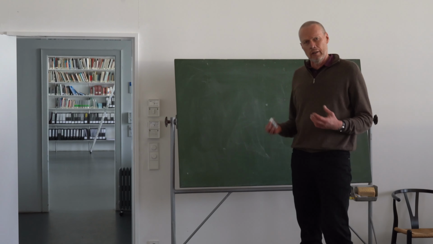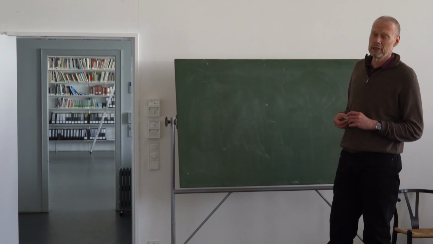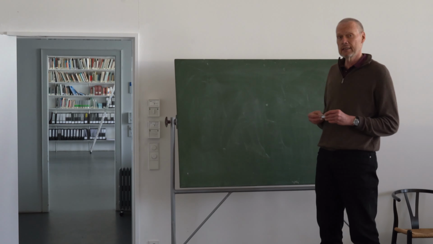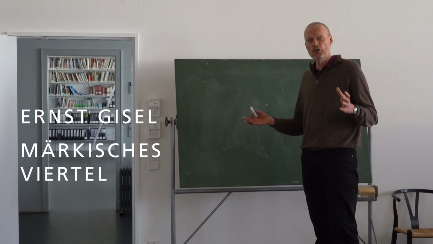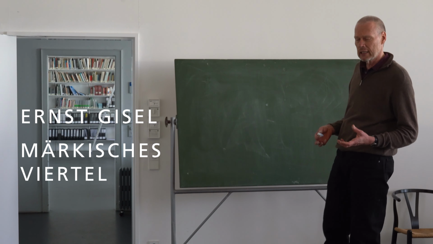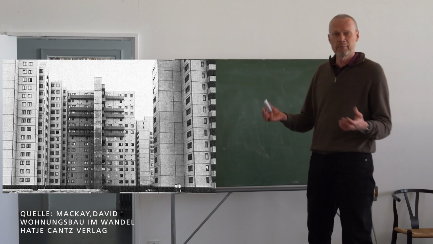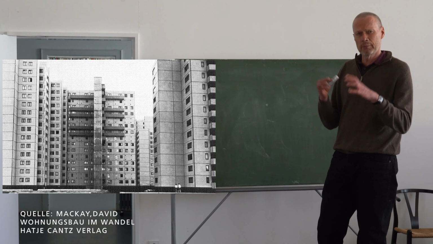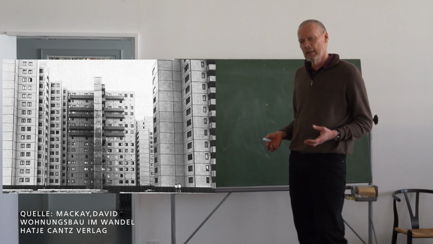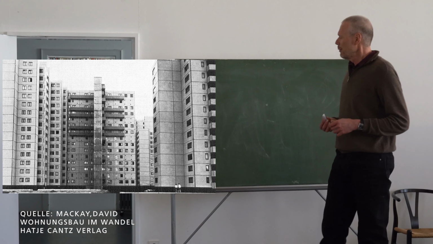So one of the big size slab systems would be the buildings by Ernst Giesel, Swiss architects, in Märkisches Viertel in Berlin. Märkisches Viertel was quite famous at the time, because people were killing themselves because they had to live in Märkisches Viertel, so there was a big polemic in Germany about whether this was human or not, well, whatever.